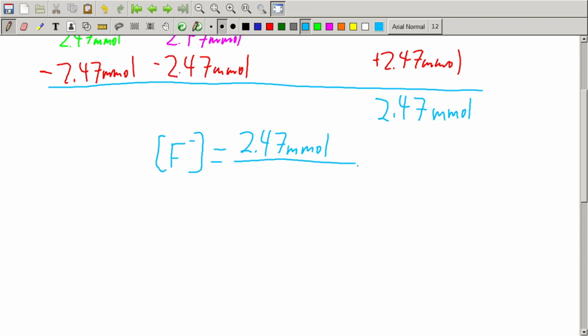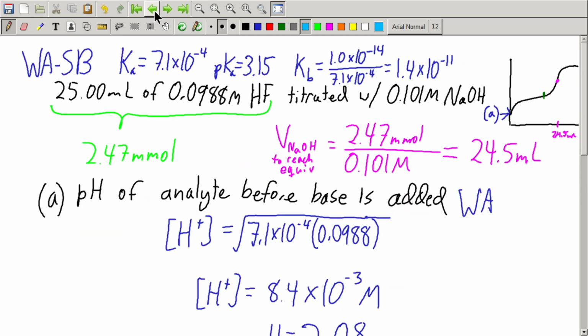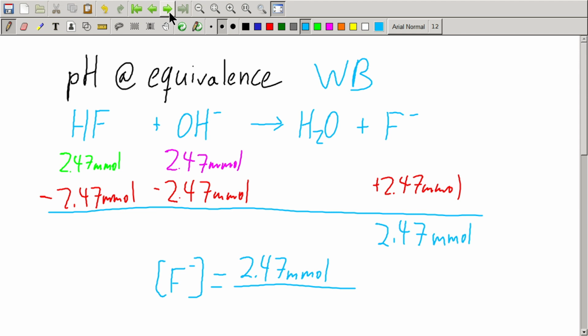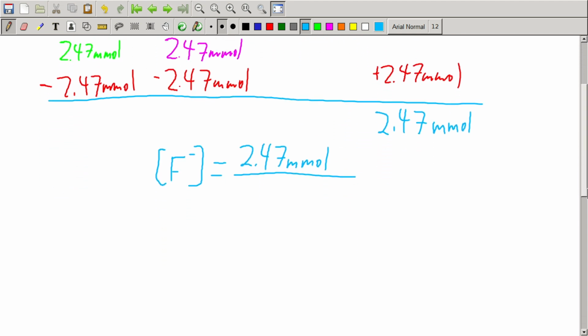Okay, so what did we say? Let's go back and make sure I've got these numbers correct. I said that I need to add 24.5 milliliters of base solution to reach equivalence based on our calculations. Okay, so the total volume of this solution is going to be 25, the volume of the acid solution we started with, and is it 24.7, 24.5?